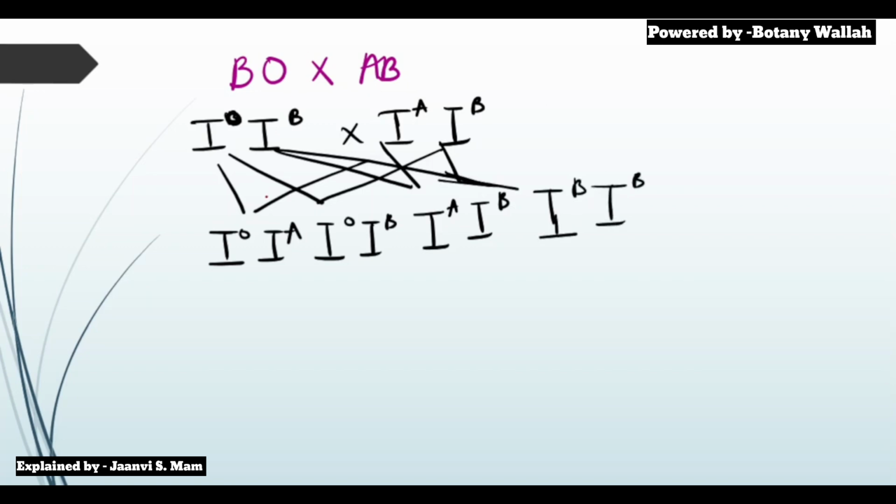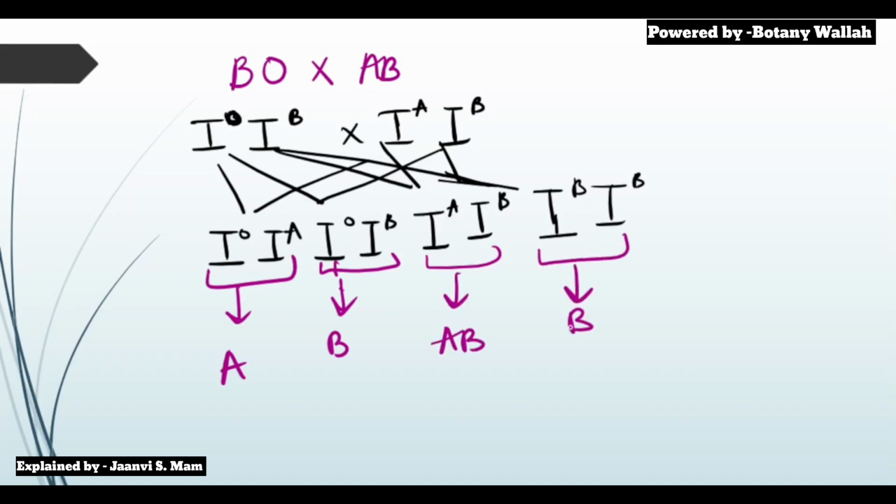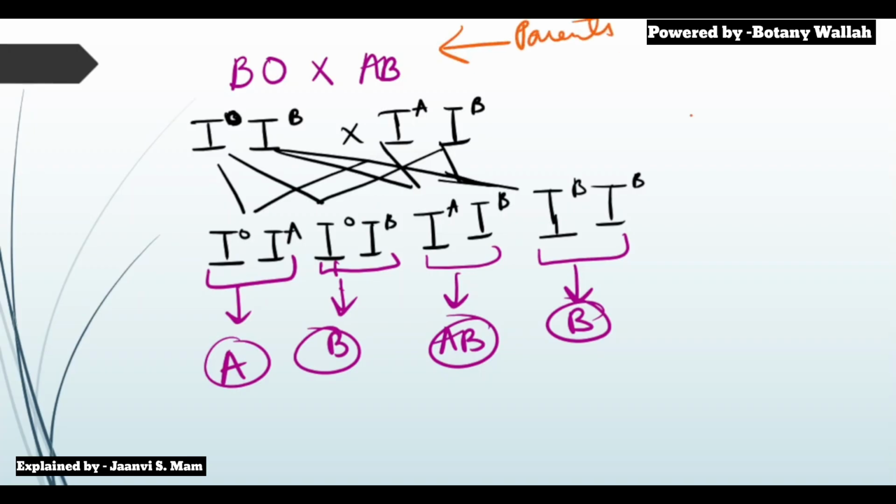Okay, so we will have here A blood group, here B blood group, here AB blood group, here B blood group. So we will have four possibilities. These are the parents, and here you have the four possibilities of offspring.